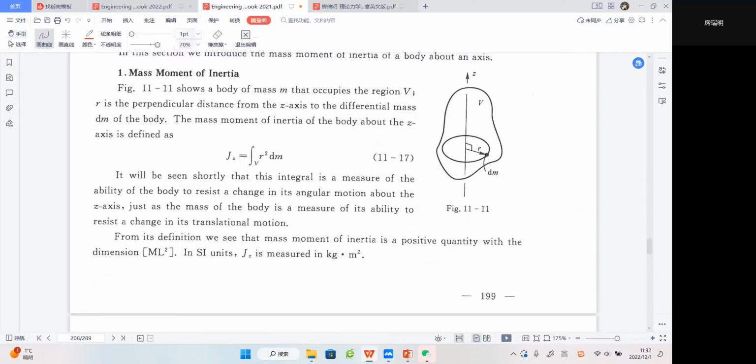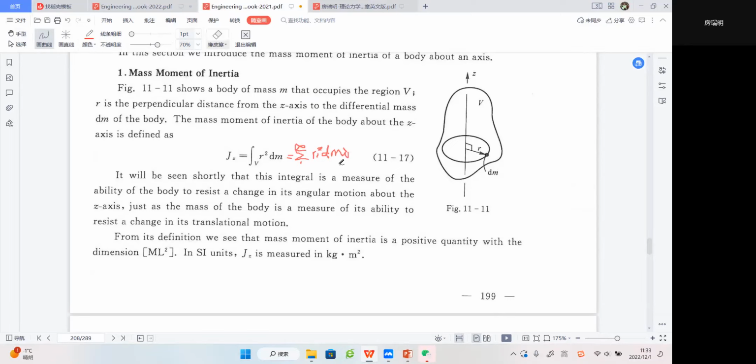Actually, it will equal the integral, which is a sum of a lot of parts from 1 to infinity, of ri squared dmi. It's more like this.